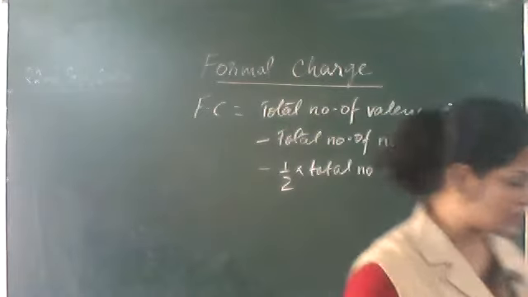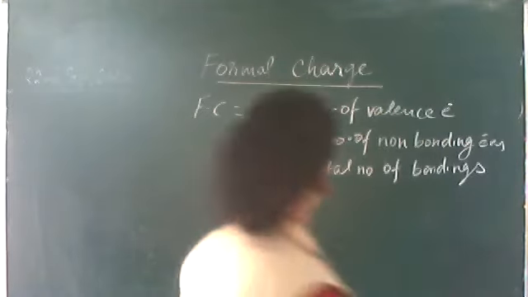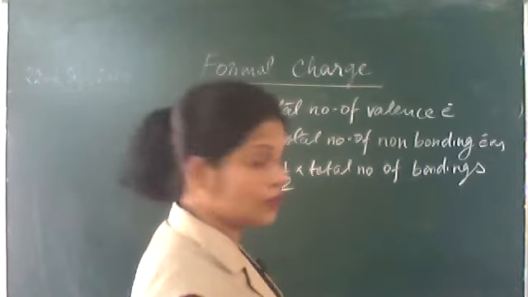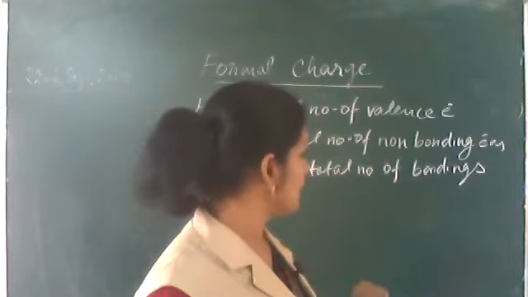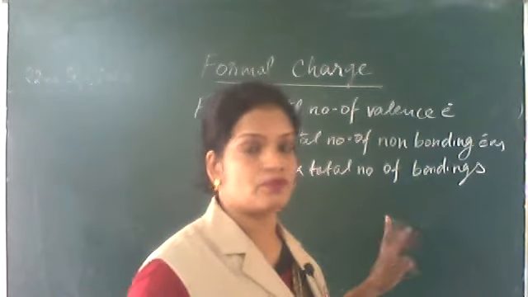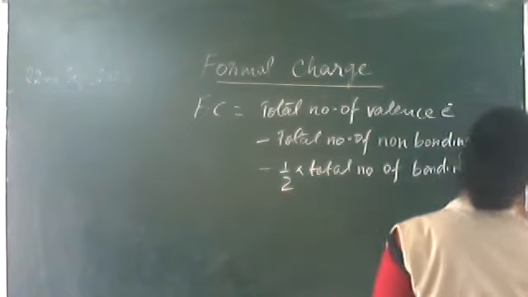So formal charge is equal to total number of valence electrons minus total number of non-bonding electrons, then minus half into total number of bonding electrons.